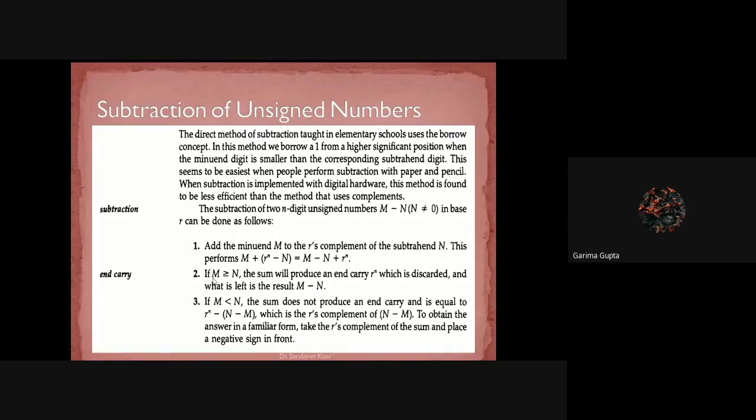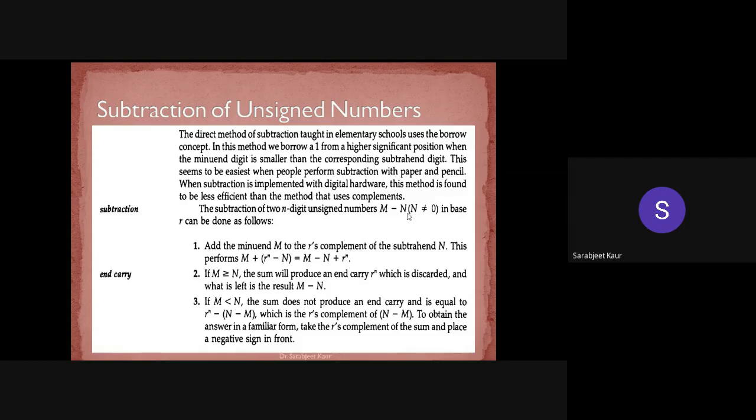Second, if m is greater than or equal to n, the sum will produce an end carry r raised to the power n, which is discarded, and what is left is the result m minus n. So if m is greater than n, then the sum of m with n's complement will surely give us an end carry.